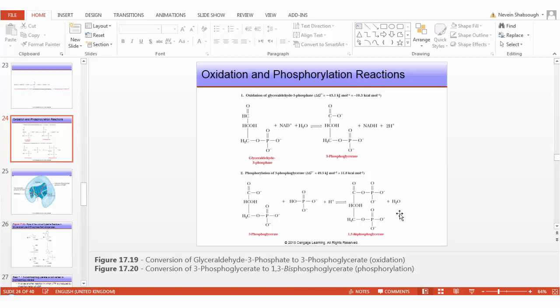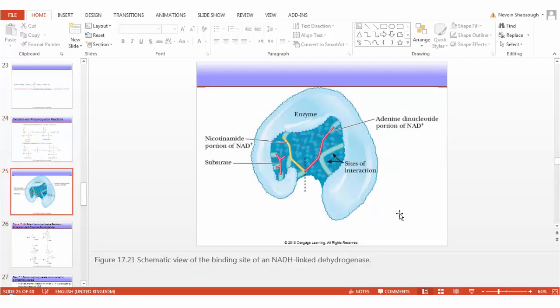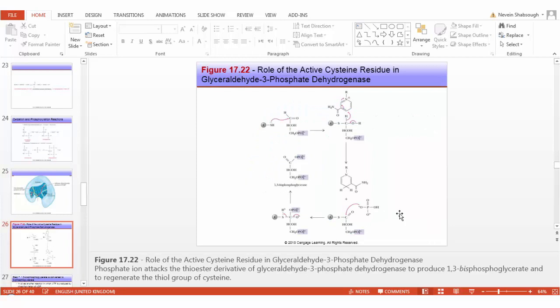And as we will see in the next step, this is the role of the active cysteine residue in glyceraldehyde triphosphate dehydrogenase. Notice here that this is your substrate and this is the enzyme with the cysteine or the thiol group at the active site.